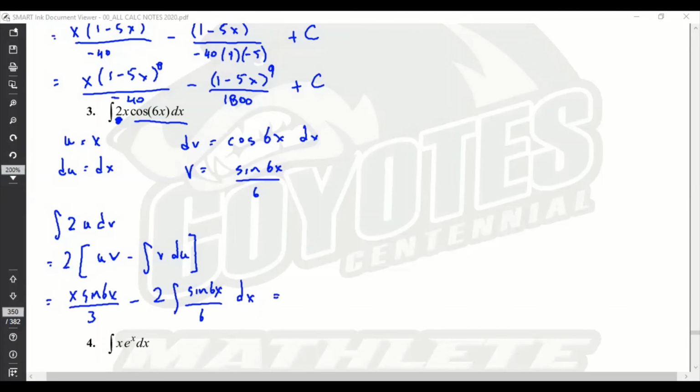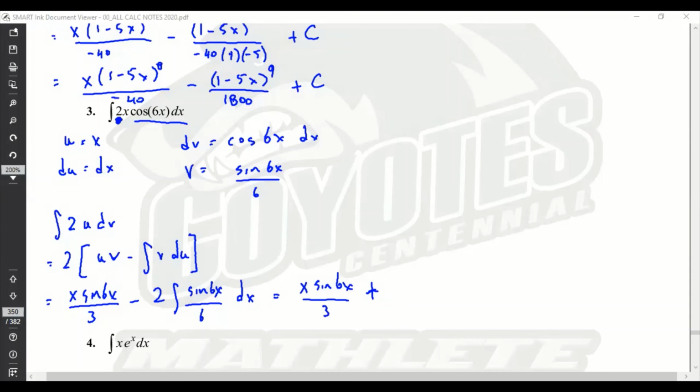Ends up being equal to x sine 6x over 3 minus the integral. I'm going to simplify that 2 over 6. And we want the integral of sine. And we'll integrate that. That's negative cos. So let's change this to plus.